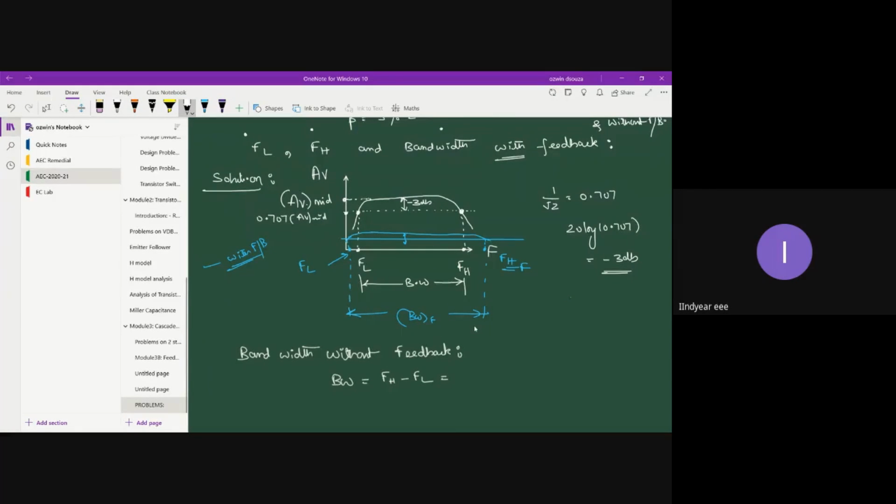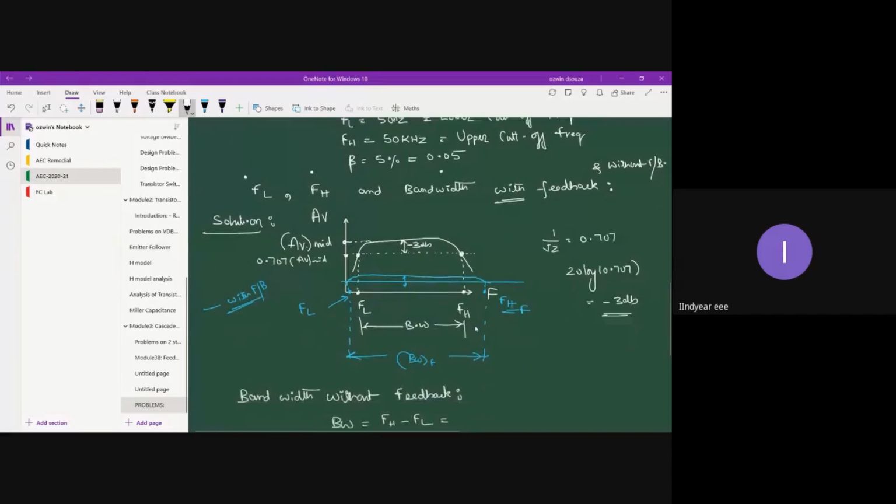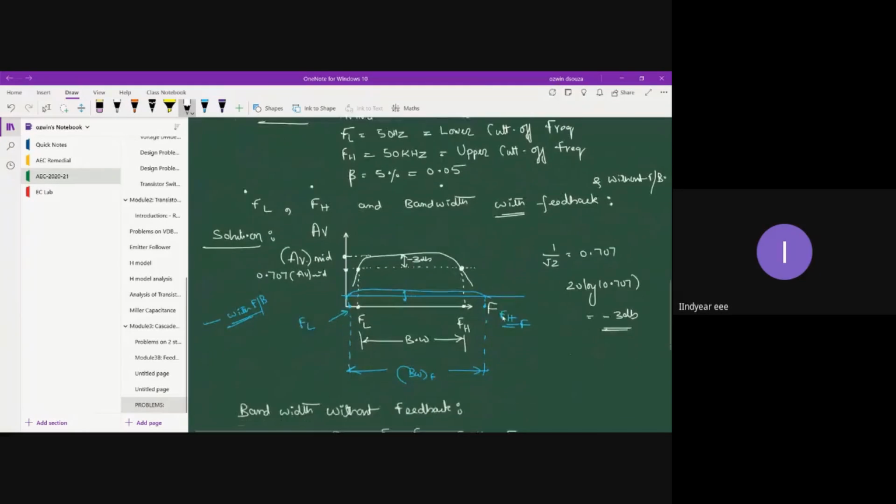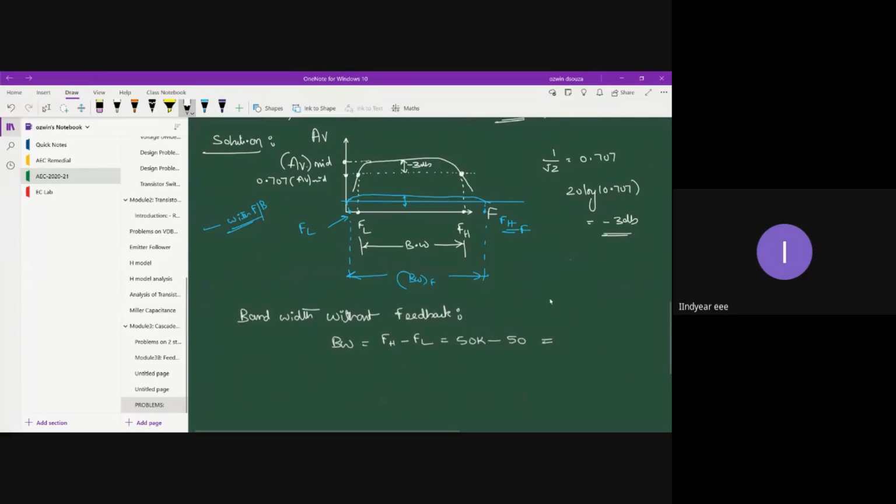So what is EFH? 50 kilohertz minus 50 hertz. The difference will give you the bandwidth. That's 49.95, so the bandwidth is 49.95 kilohertz.